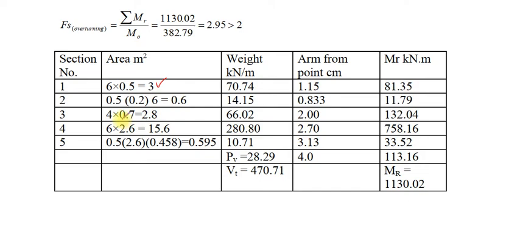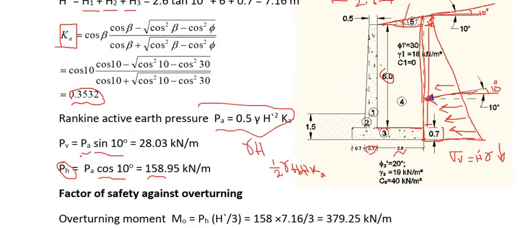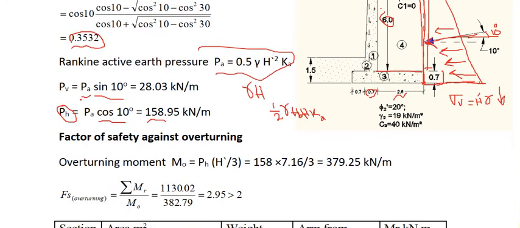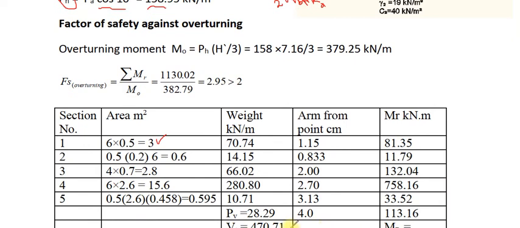The third section: this is the third section, 0.7 the height multiplied by 2.6, 1.4, equals 4. So here this is 0.7, should be 0.7. 4 multiplied by 0.7.